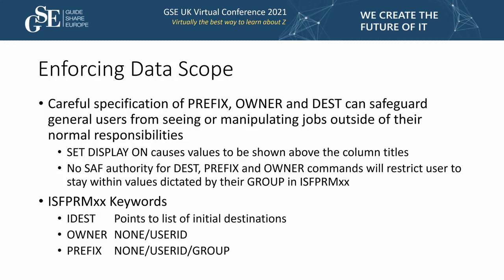IDEST will just point to a list of destinations, it's an end table. But the owner will say owner none or user ID, and the prefix none, user ID or group. So if you want to restrict your general user so that he can only see his own stuff, then you could say owner user ID, and he could never change out of that. He can't issue the owner command, he can't change it. That's all he will ever see on any of his queue panels. Okay.